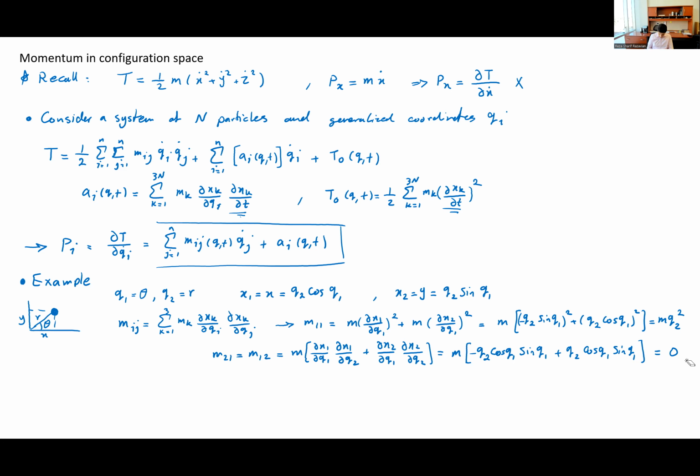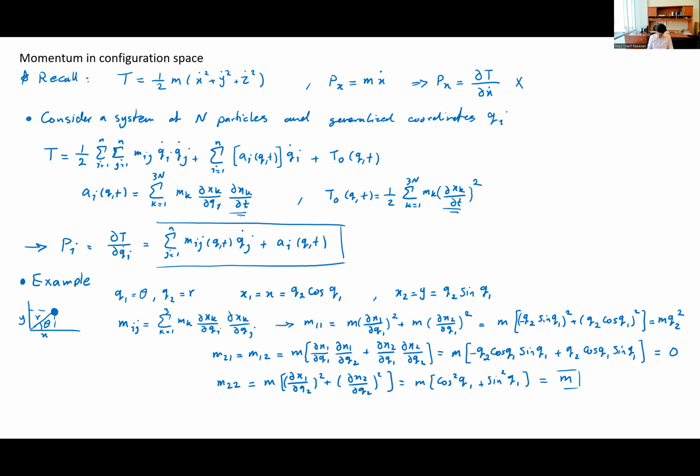And the last one, M22, is M times (partial x1 partial q2) squared plus (partial x2 partial q2) squared, which is going to be M times cosine squared of q1 plus sine squared of q1, which turns out to be 1.